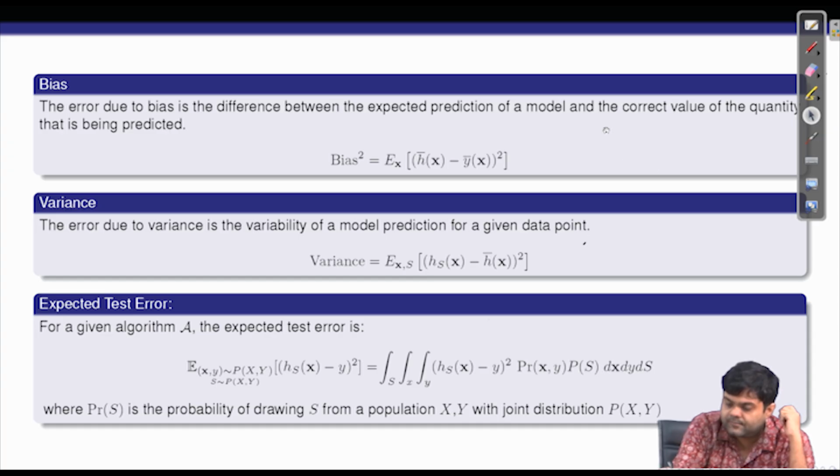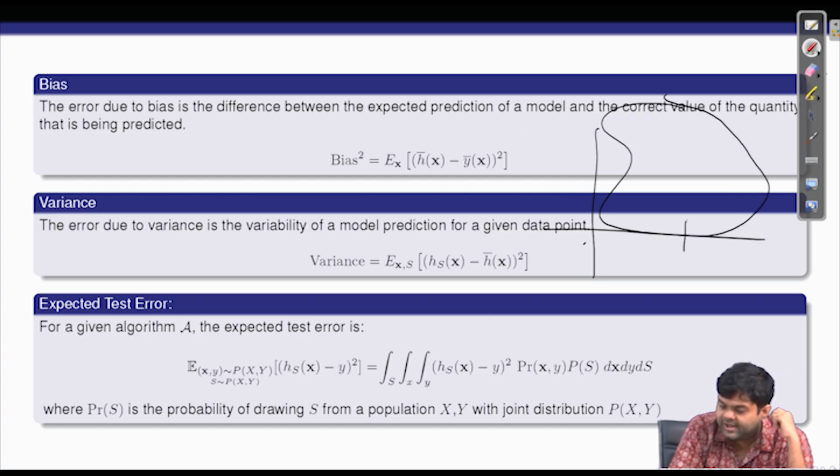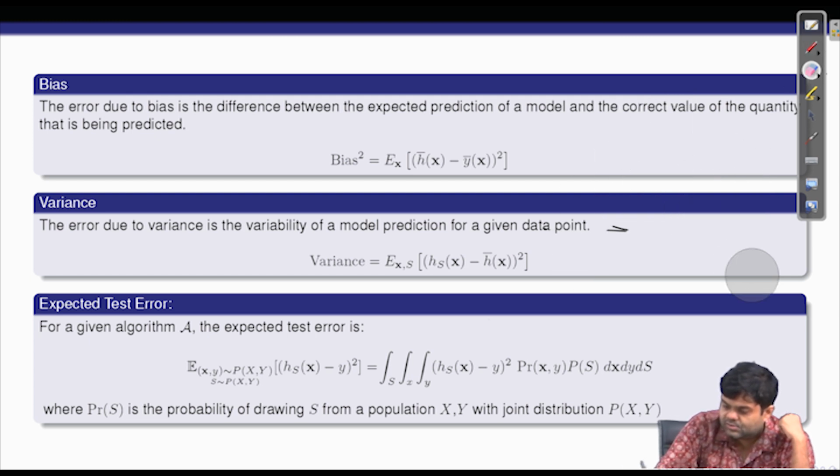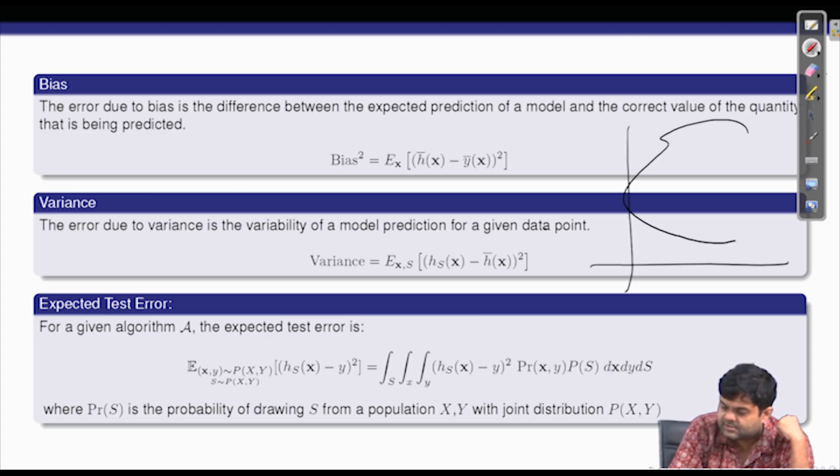So this is your population, this is your x, this is your y. So here is somewhere y bar x. Now suppose the rules are like this. Let me explain. Suppose your population is like this.